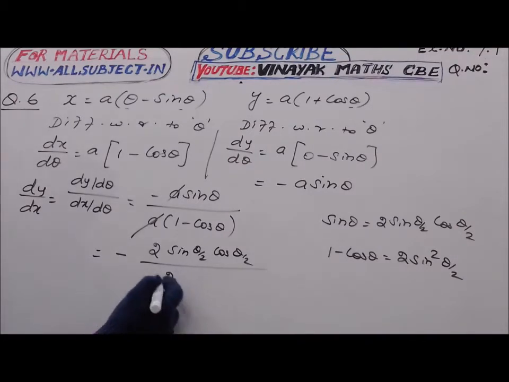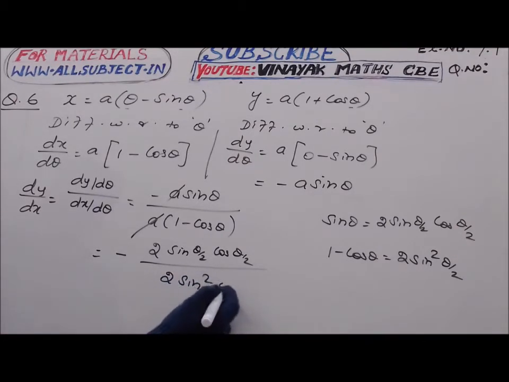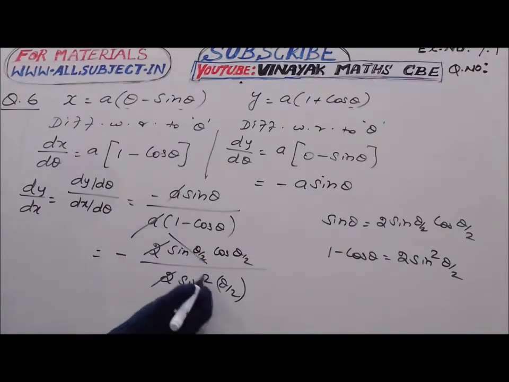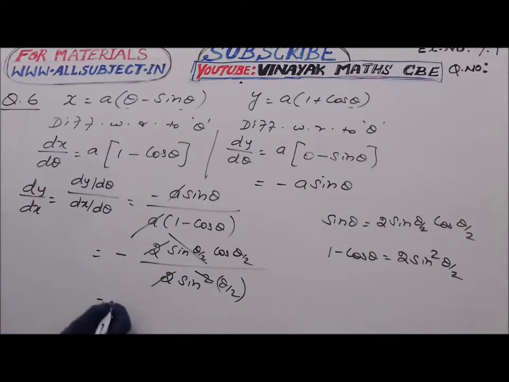So denominator becomes 2 sin square theta by 2. Again 2 and 2 get cancelled. Sin theta by 2 and sin square theta by 2, the sin theta by 2 cancels. Remaining is minus cos theta by 2 by sin theta by 2, that is minus cot theta by 2.